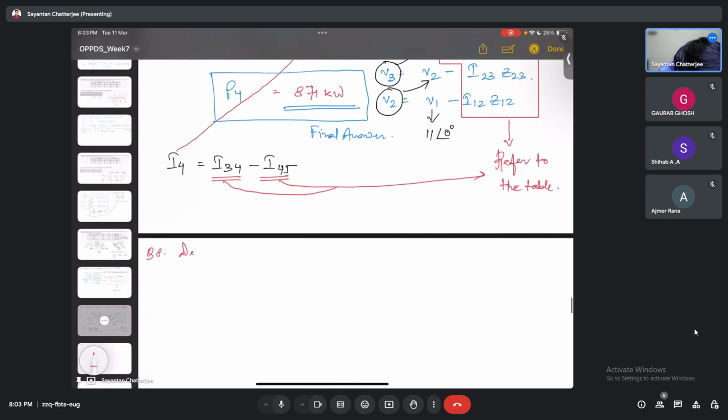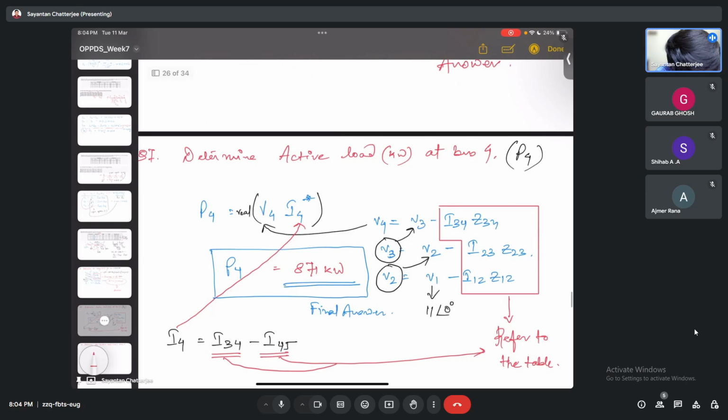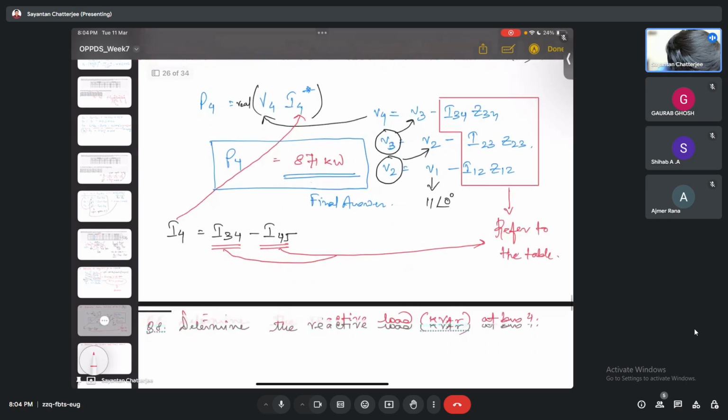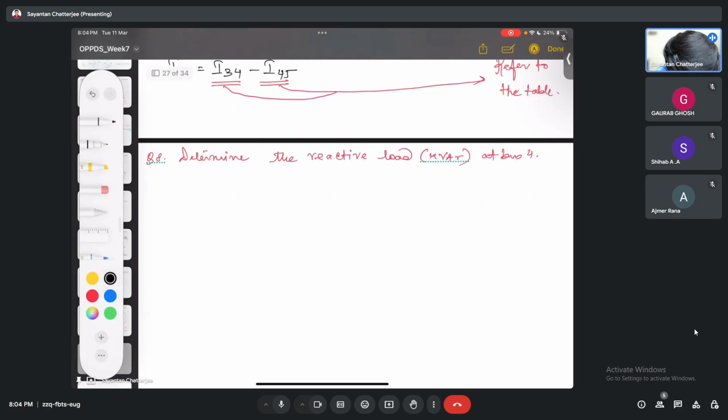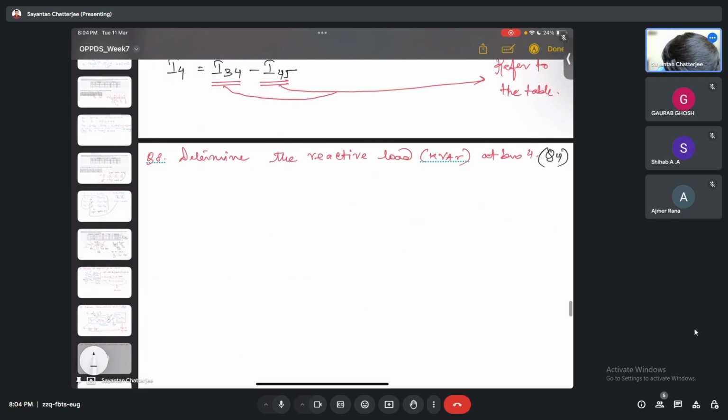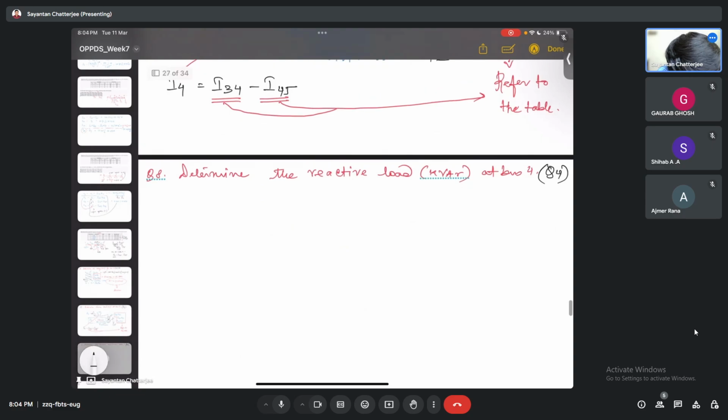Determine the reactive load in kVAR at bus 4. Same question, same everything. Already we have obtained the value of apparent power. So we just need to calculate Q4.